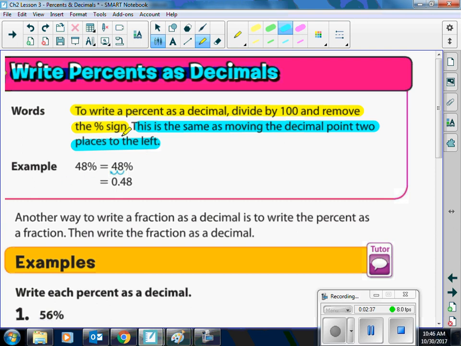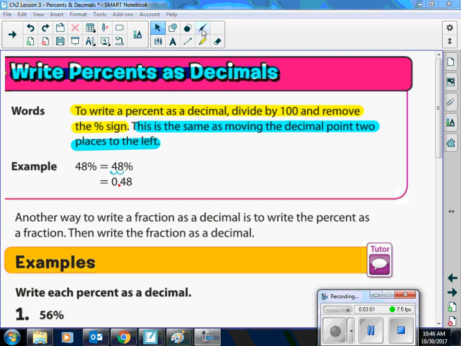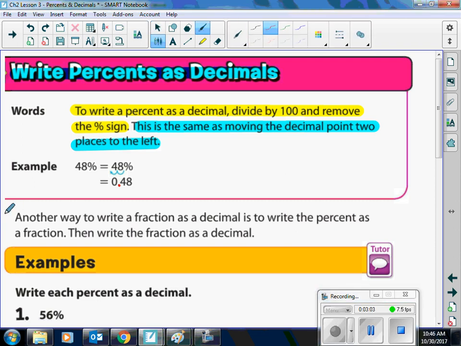So 48%, your decimal is located right at the end of the number. If I want to change that percent to a decimal, I just need to move the decimal 2 places to the left, and that gives me 0.48 as a decimal.